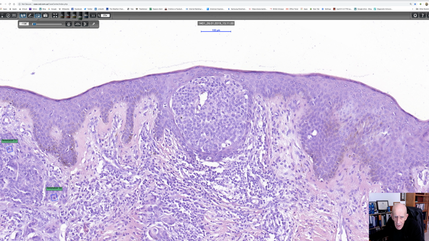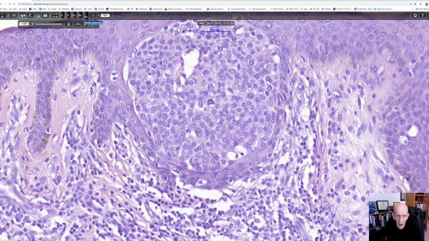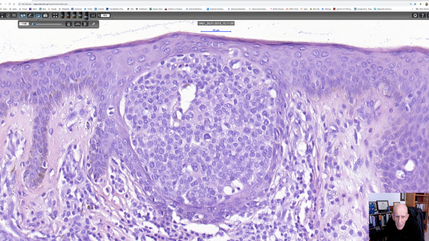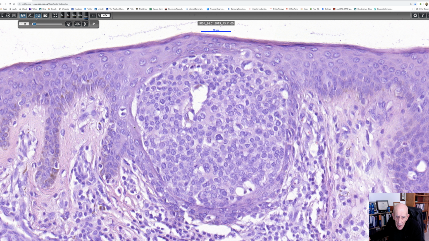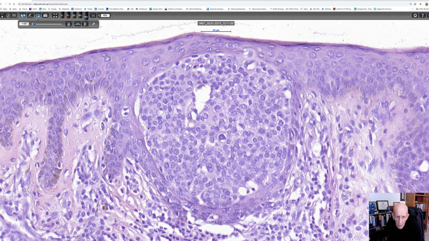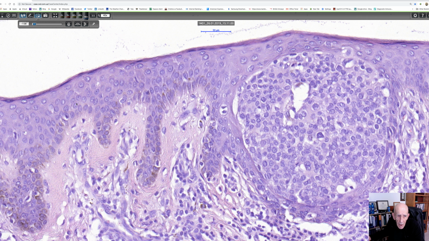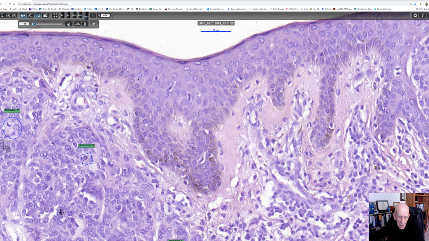What one can see here is a very circumscribed and rather uniform population of cells, which at high power, well, I suppose one's instant impression is they have a poroid appearance. Let's look along at the other bit.